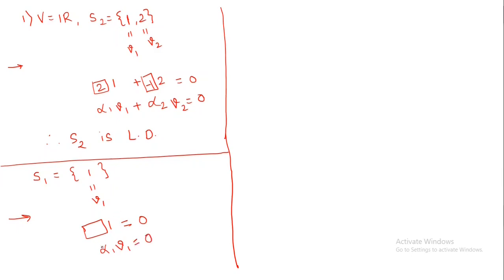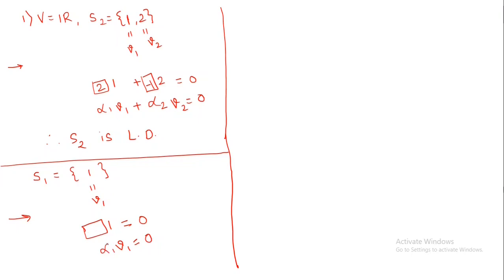If we are able to find a non-zero alpha 1 such that alpha 1 V1 is equal to 0, then S1 is linearly dependent, and if we are not able to do so, then S1 will be linearly independent.